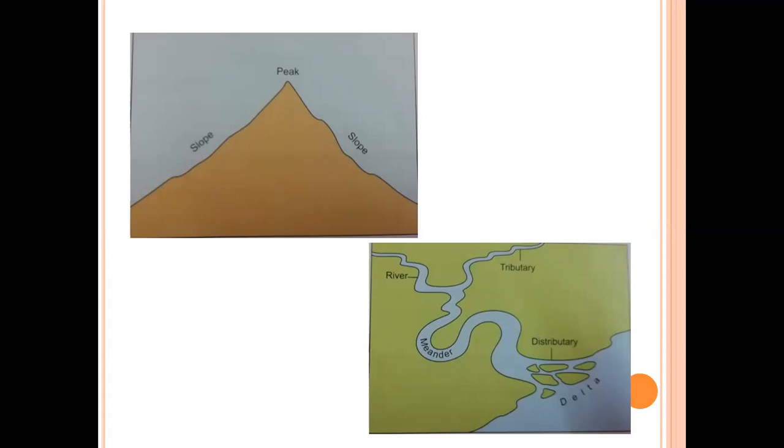Number one shows a mountain, basically the parts of a mountain, that is slope and peak. The other picture shows how a river flows, then it meanders and distributes itself into several smaller streams and forms delta before flowing into a sea or an ocean.